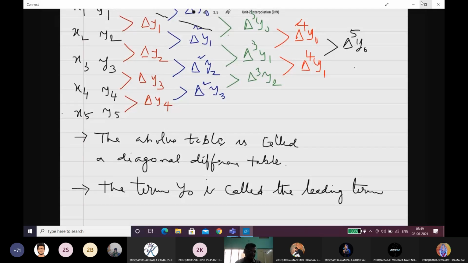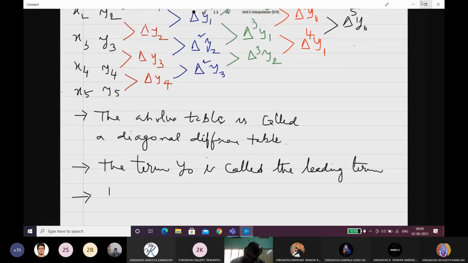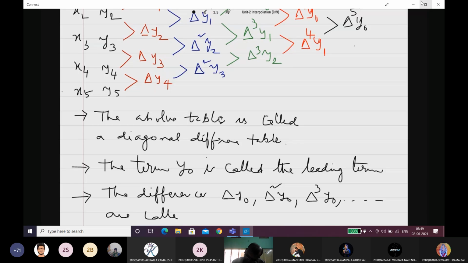The differences delta y0, delta square y0, delta cubed y0, etc., are called leading differences.